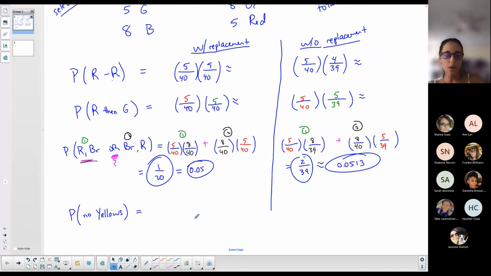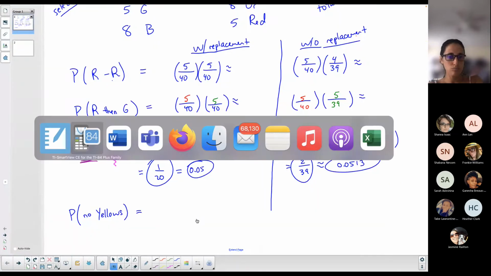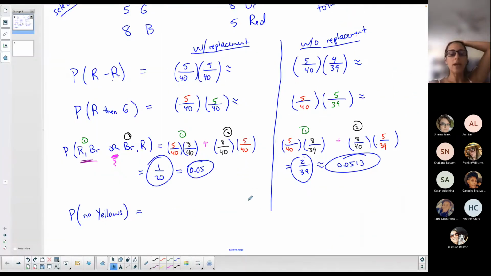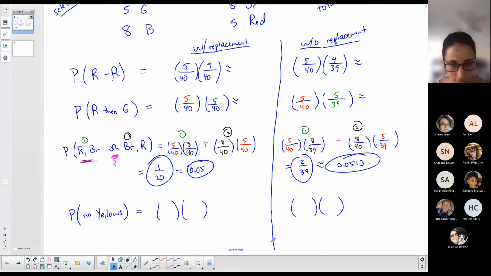Okay, there's one other thing that I want to calculate, the no yellow. Maybe I'll do the double too, but the no yellow. And again, I'm selecting 2, so with replacement, without replacement. I'm only selecting 2 M&Ms still, so I still am only multiplying 2 things. But now I want no yellow.